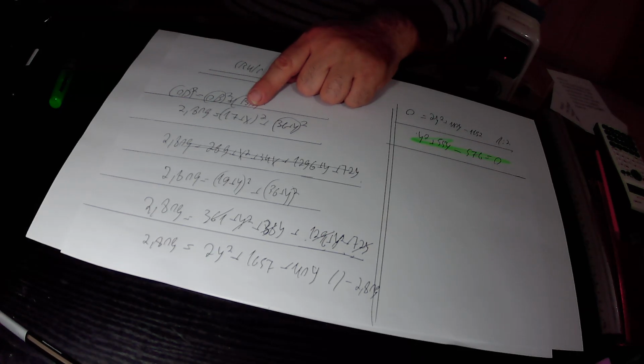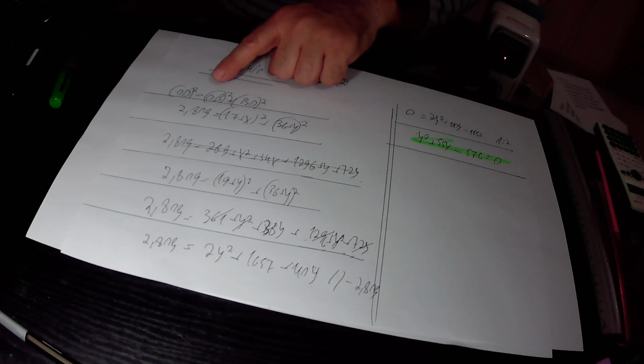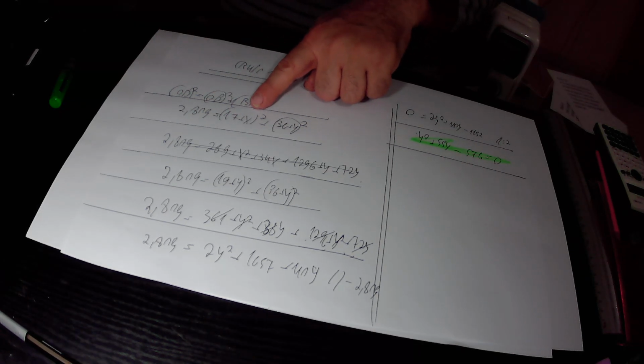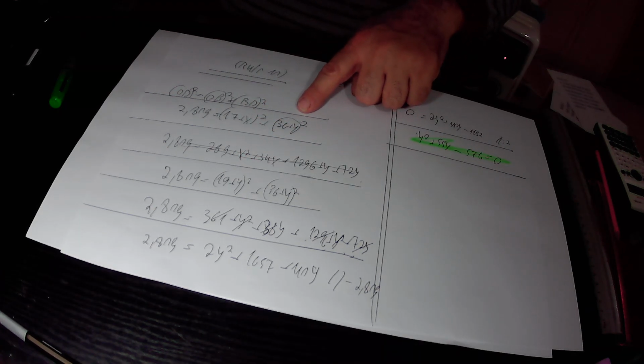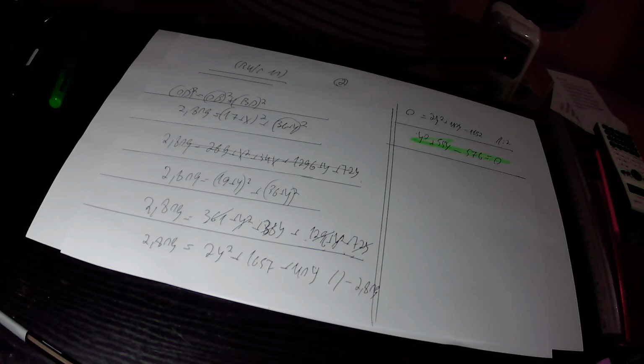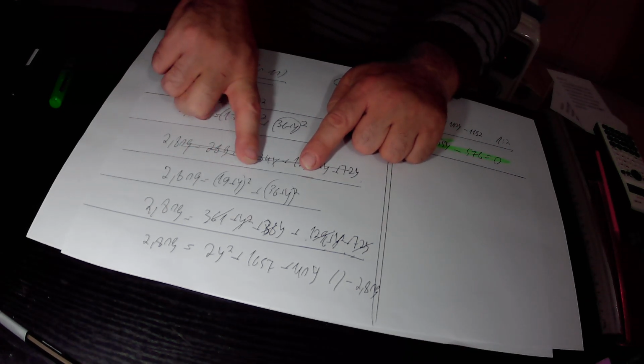So this expression equals (19 plus y) squared. So 2809 equals (19 plus y) squared plus (36 plus y) squared.